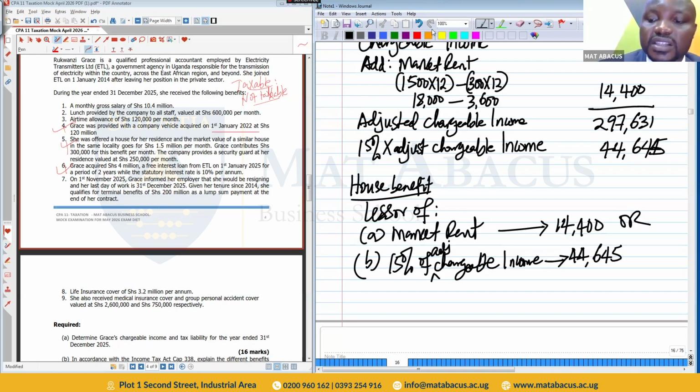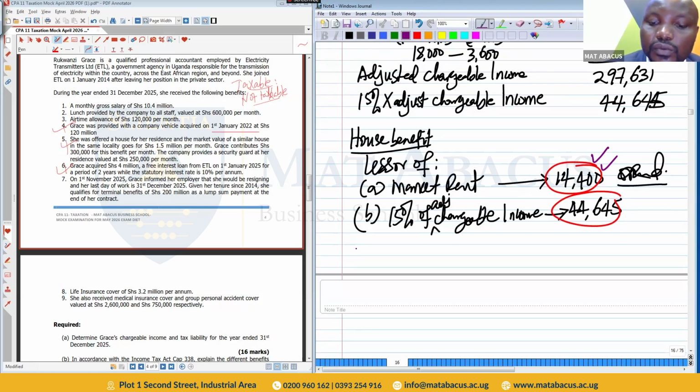So it means that of these, choose the lesser of. Actually, this is 'and', not 'of'. It is 'and'. So of this, you take the lesser. Now the lesser has now turned out to be that. So this is the one.